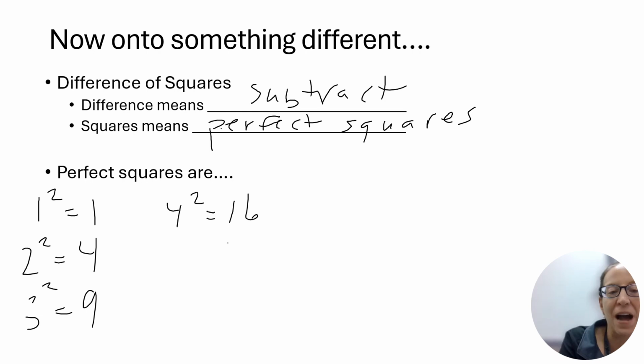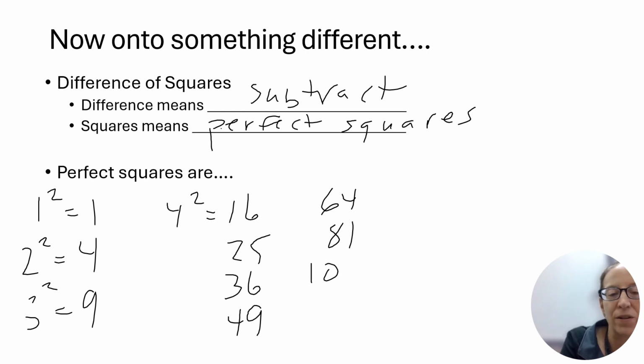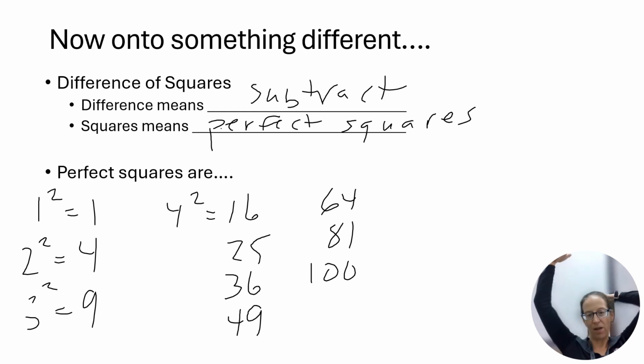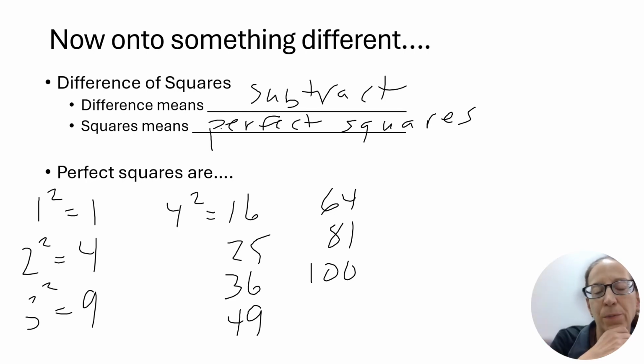So we would have 5 squared is 25, 6 squared is 36, 7 squared is 49, 8 squared is 64, 9 squared is 81, and 10 squared is 100. And you might go beyond that. We don't see the ones that are beyond that too often. But those would be the first 10 perfect squares.